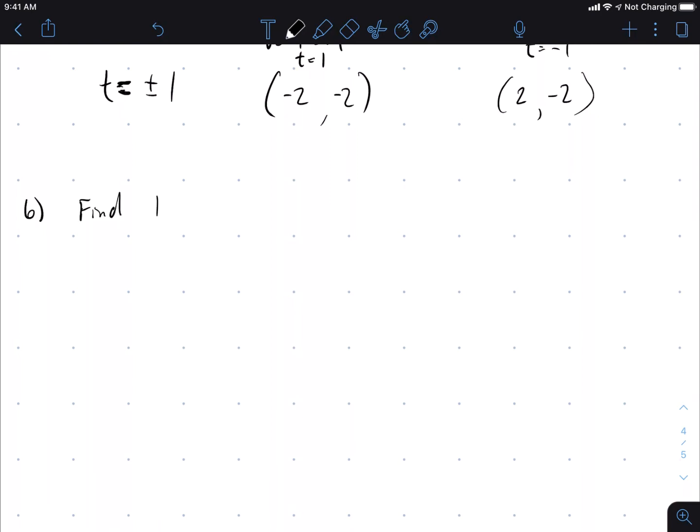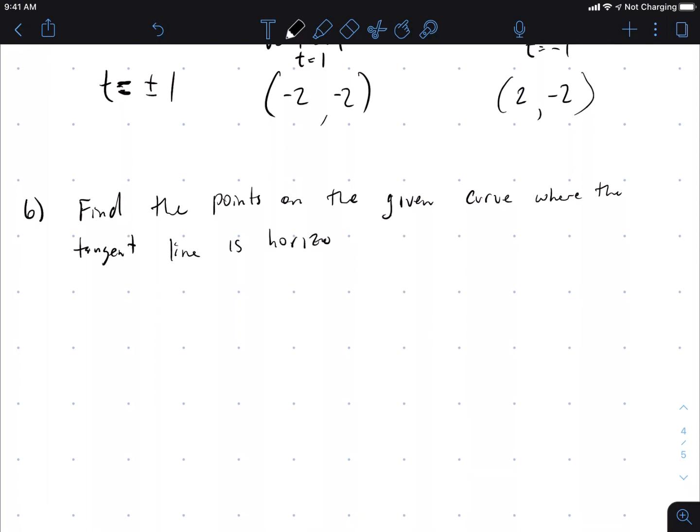So find the points on the given curve where the tangent line is horizontal, so it's kind of the same thing, or vertical.